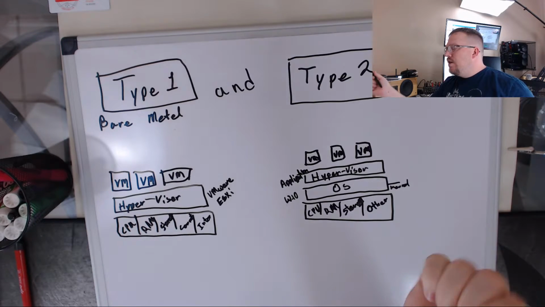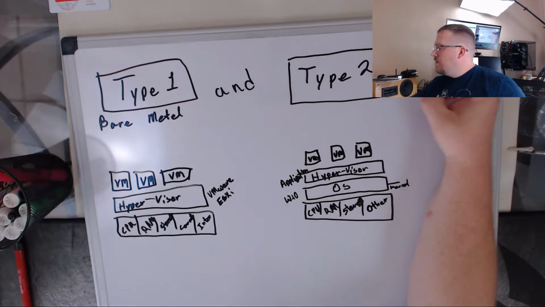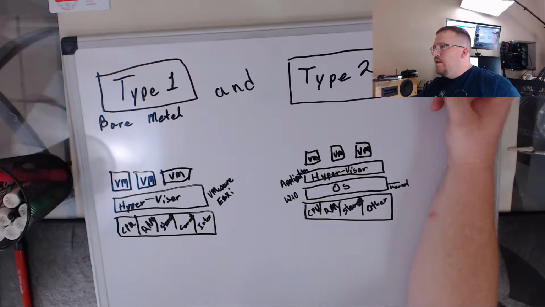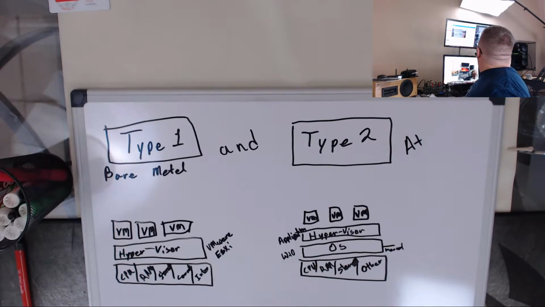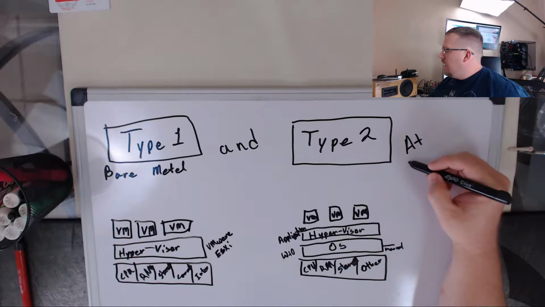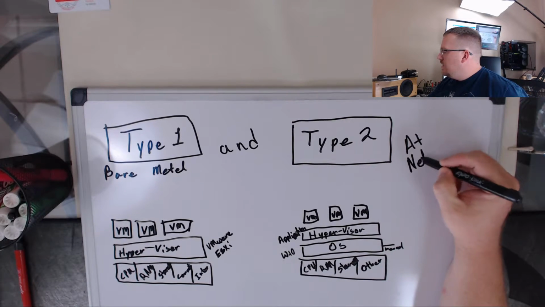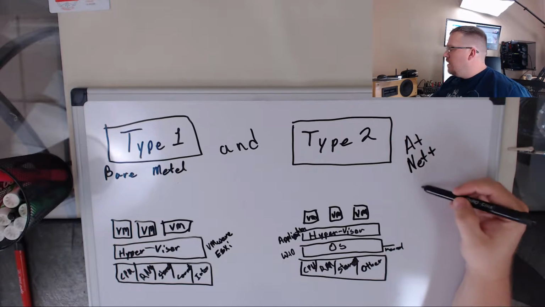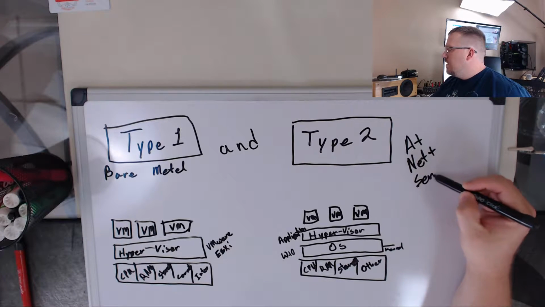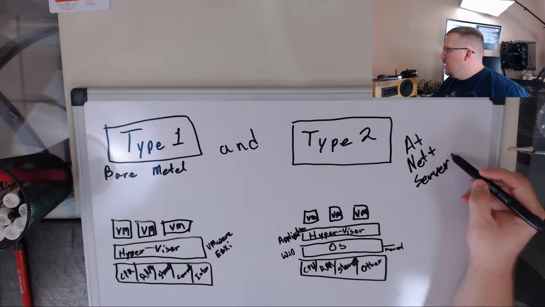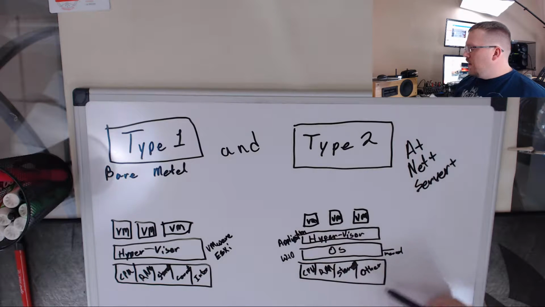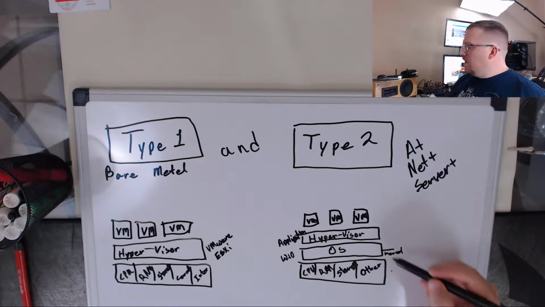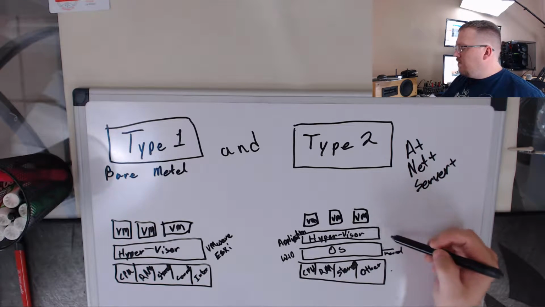But when you're trying to learn, let's say, A+, Net+, Server+, and some other certifications, a type 2 hypervisor is what you want, where you have your hardware, your OS, and then your hypervisor, which is your software.